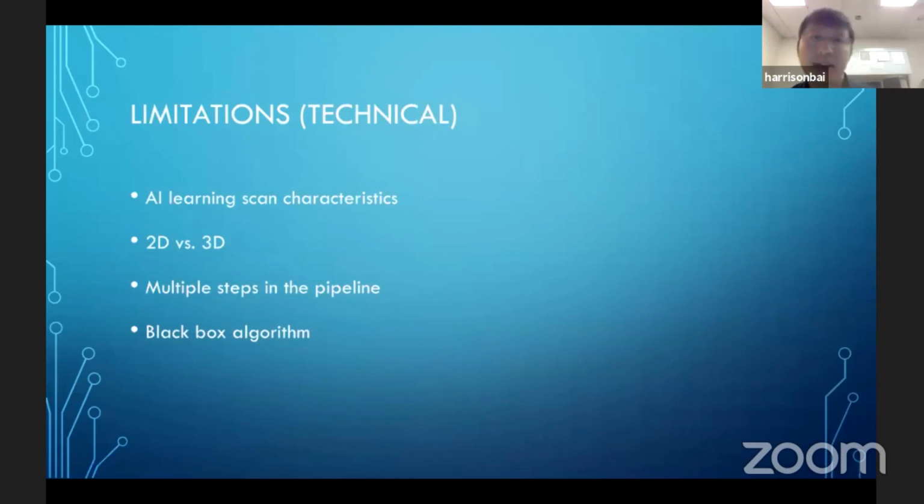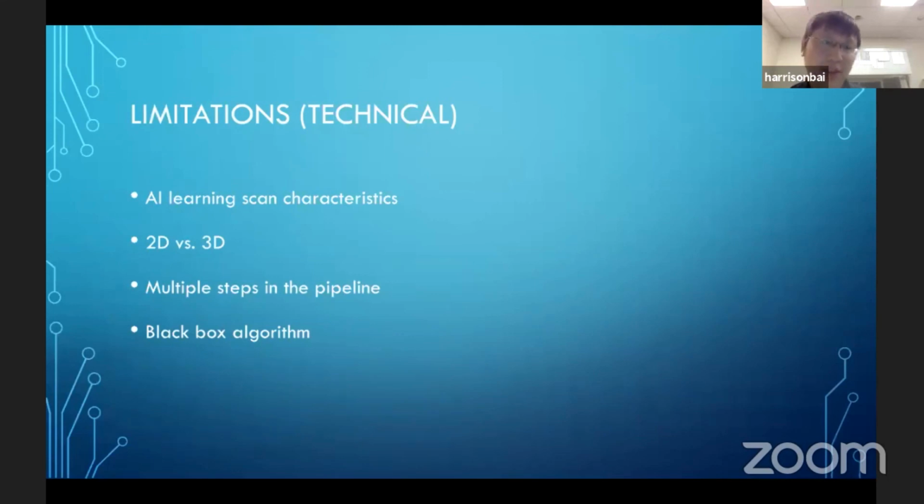And there are a couple of technical limitations as well. One problem we found is that the AI would learn the scan characteristics rather than the actual disease if we don't do something like lung segmentation and normalizing our scans, and that's a major problem we tried to solve. Also, we use a 2D implementation, which supposedly could have been improved with 3D.